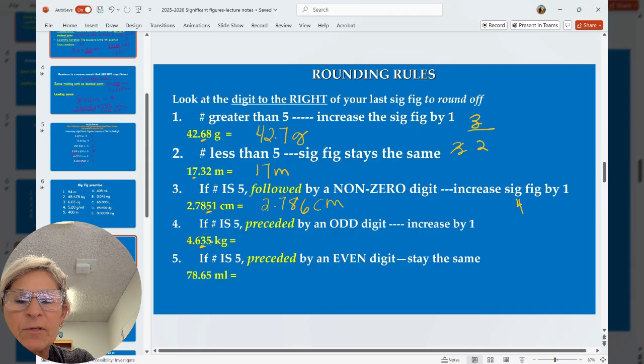So I have to look to the number before it, and if it is odd, that number is going to bump up by 1. So again, rounding to 3 sig figs, I count over 1, 2, 3, look to the right, there's a 5, and nothing after it, so I look to the number before it. If it's odd, the number I have underlined goes up. So my answer is 4.64 kilograms.